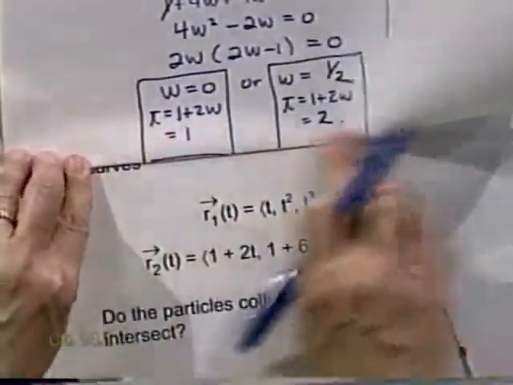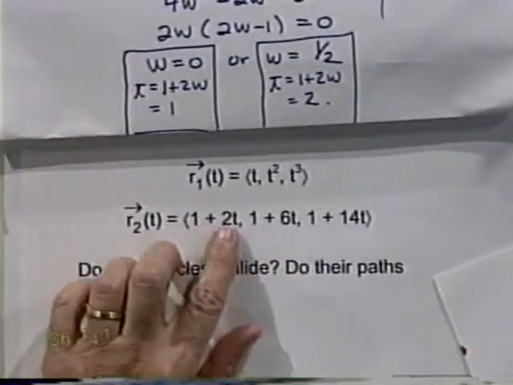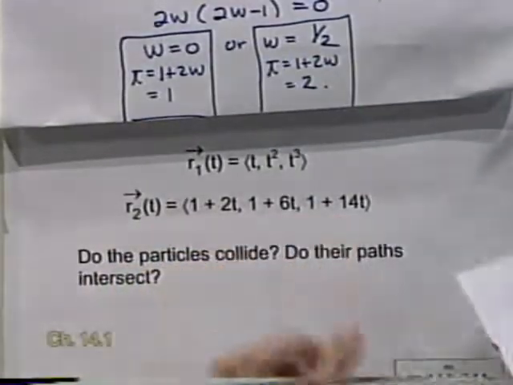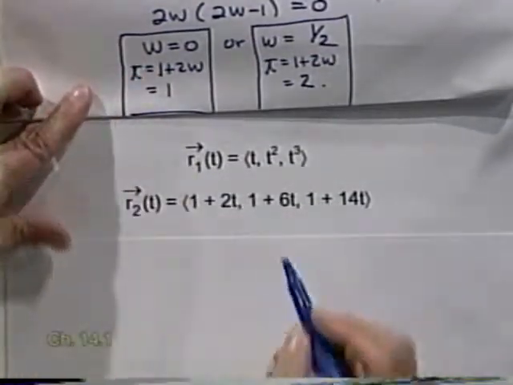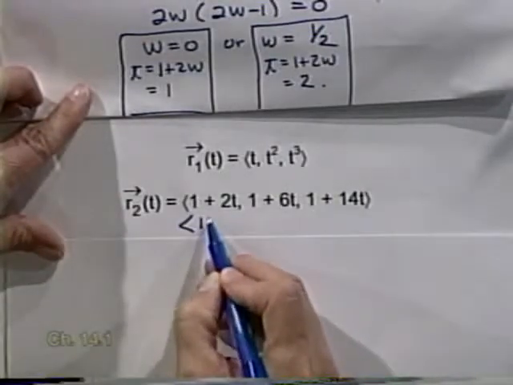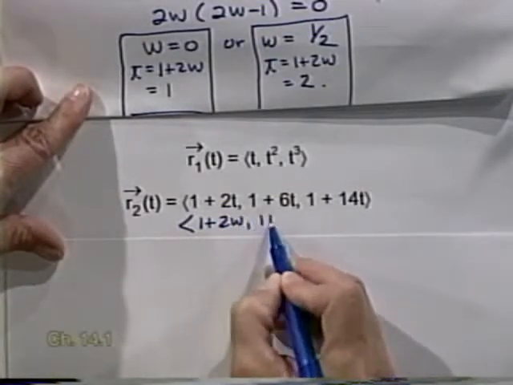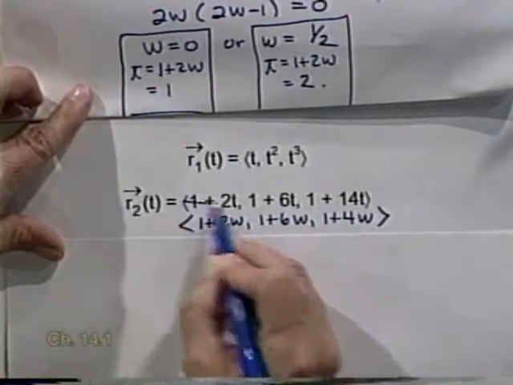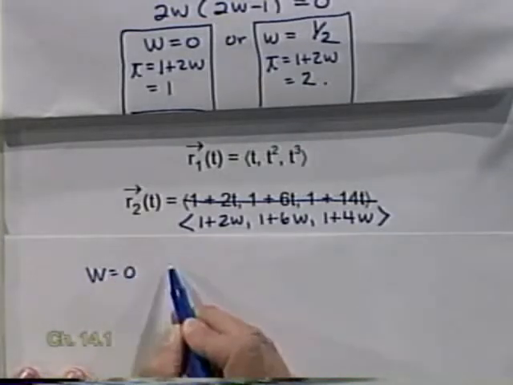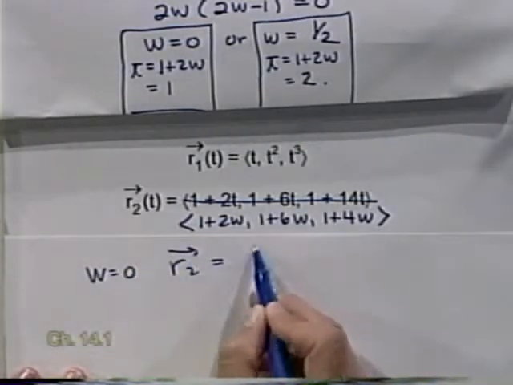Notice, we just worried about making the x's and the y's the same. We didn't worry about the z's. But notice, when w is 0, notice we used w for this guy. We wrote him as 1 plus 2w, 1 plus 6w, and 1 plus 14w, because we had two different time clocks. Notice, when w is 0, R2 is where?